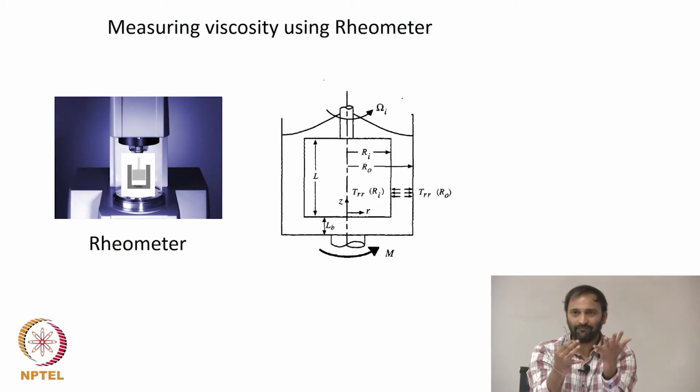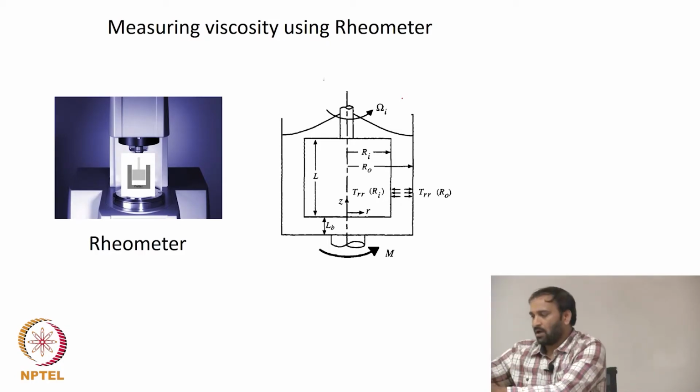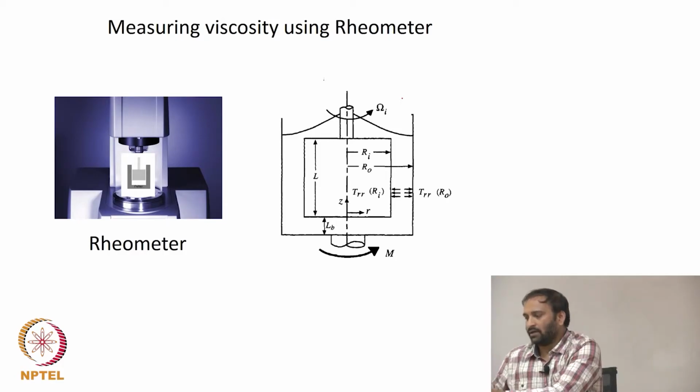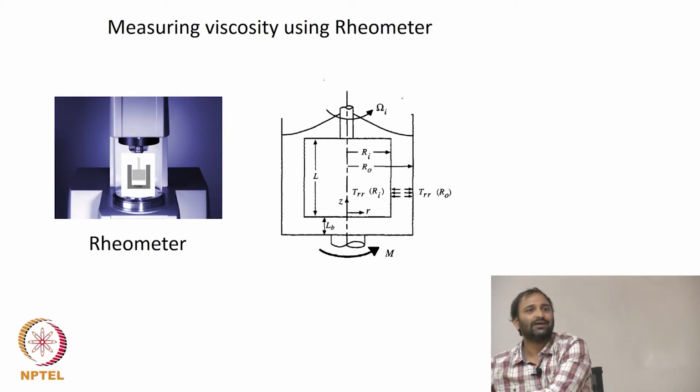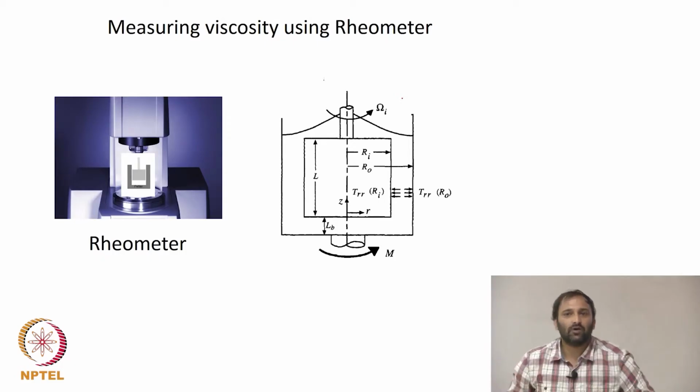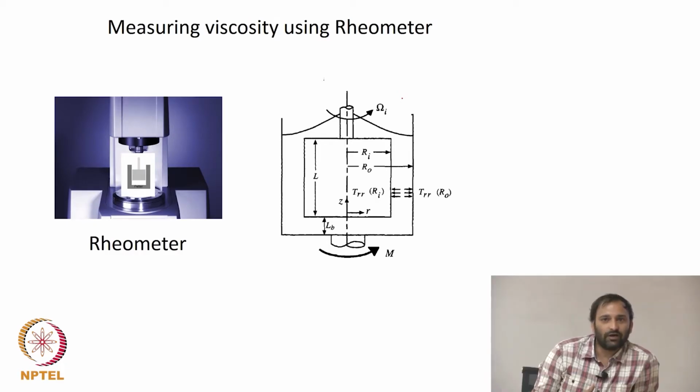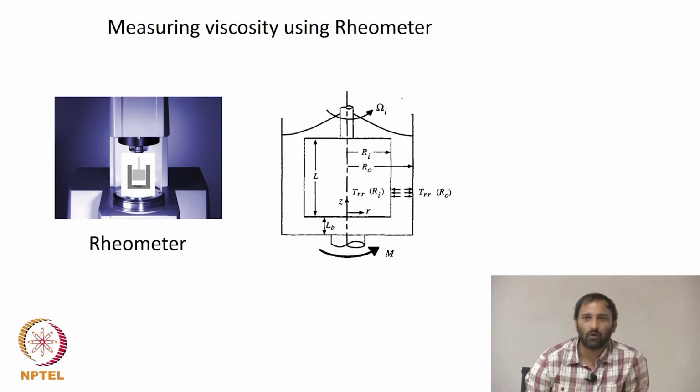That's the control that I have. In terms of the measurement, what the instrument measures is something called the torque. There is a torque sensor, because whenever something is rotating you can think about the generation of torque. The sensor accurately picks up the torque that the instrument is applying.